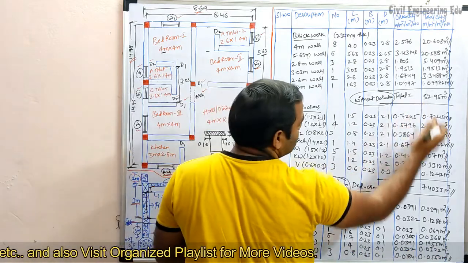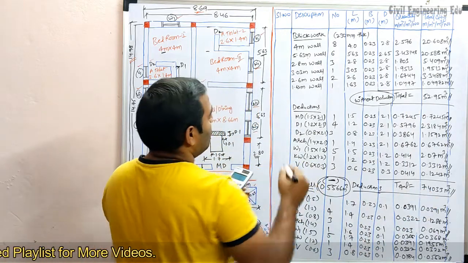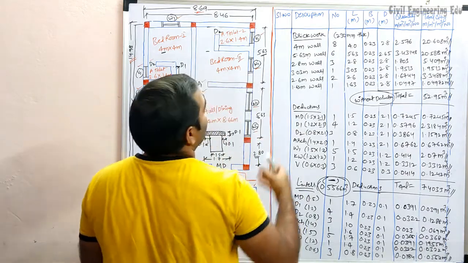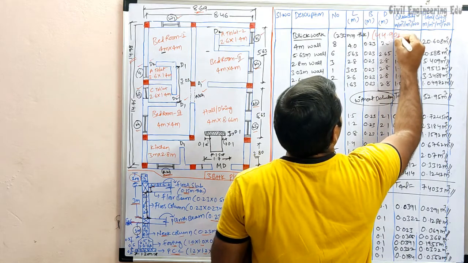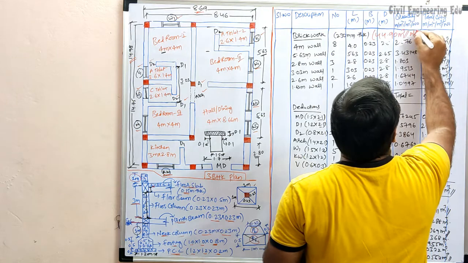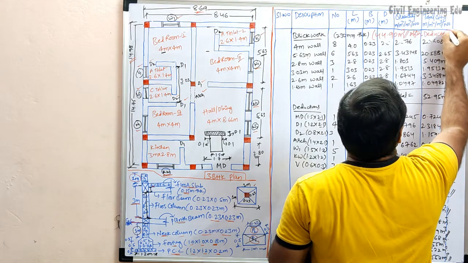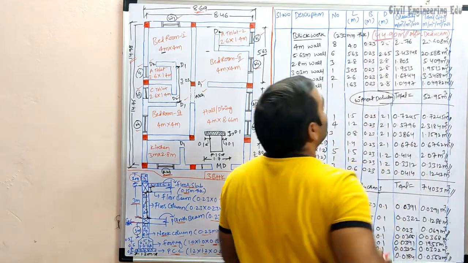So this minus this one minus this one. So how much we are getting? 44.90. So here 44.90 meter cube after deduction. So this will be our answer.